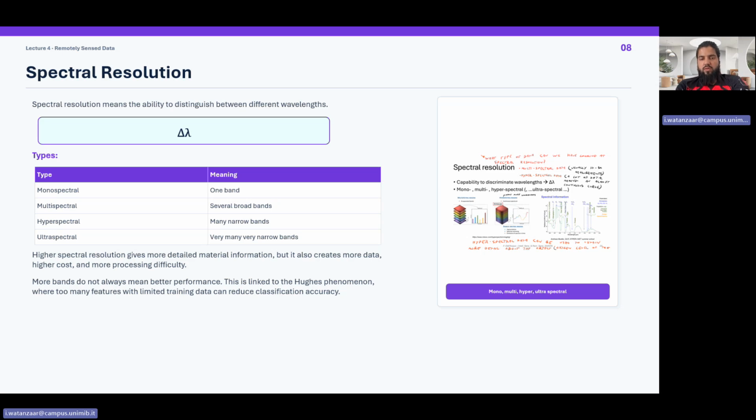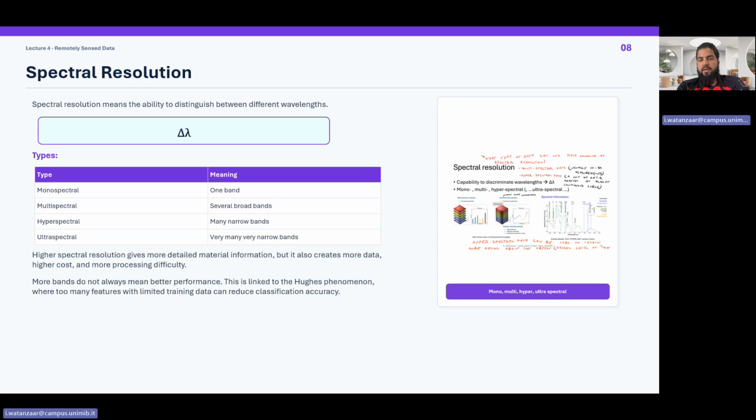More bands do not always mean better performance. This is linked to the Hughes phenomenon: too many features with limited training data can reduce the classification accuracy. This is one of the important aspects, because more bands do not always mean better performance.